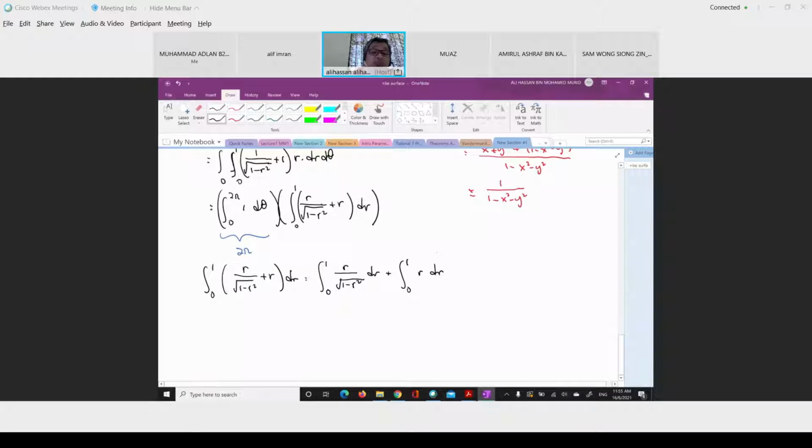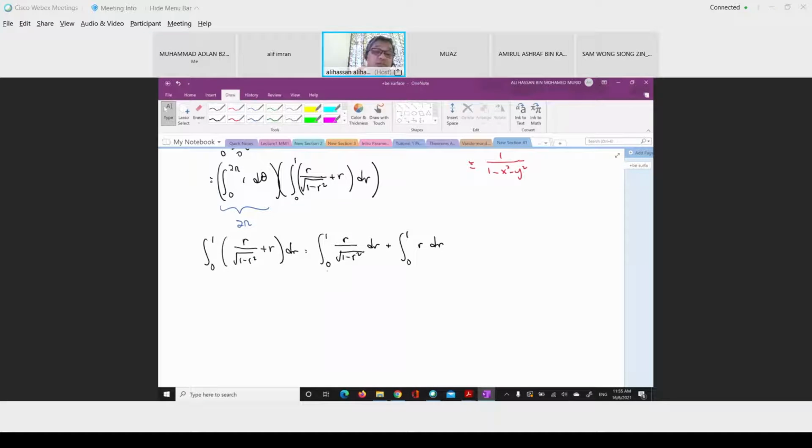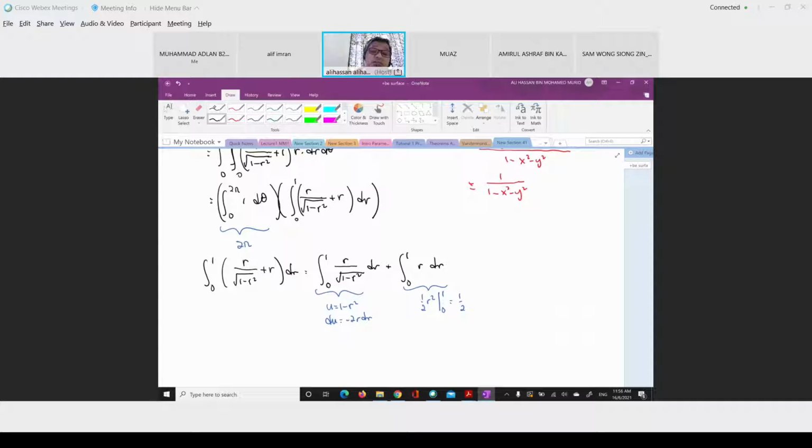You can evaluate the first integral by substitution. You can use the substitution u equal to 1 minus r squared. Therefore, du is minus 2r dr. And the second integral here is half r squared from 0 up to 1, which is 1 half. So I leave it to you to complete the calculation.